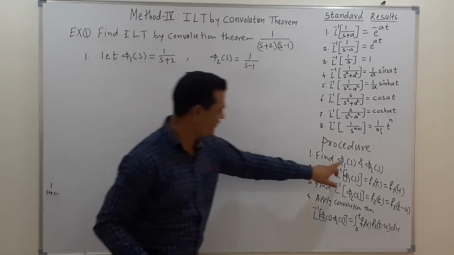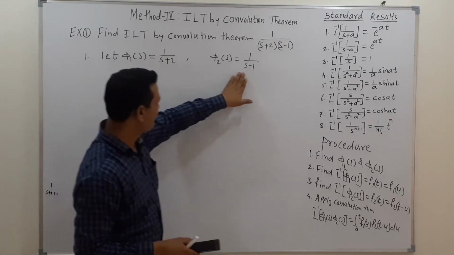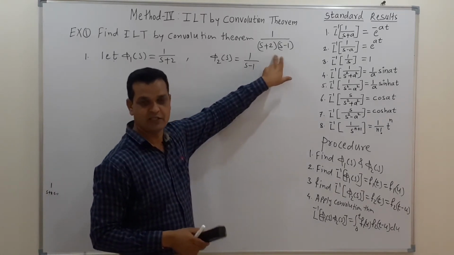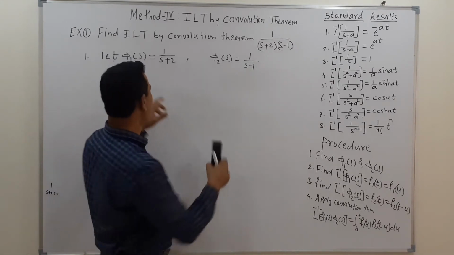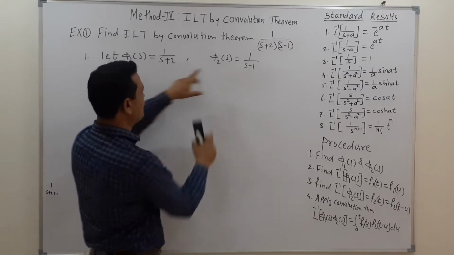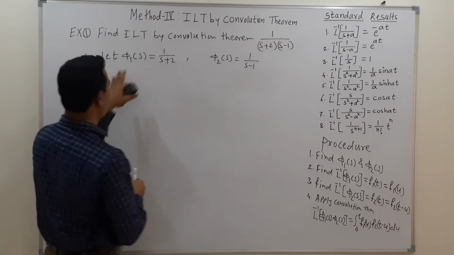So now this is the first step, phi 1 and phi 2. If we take the product of phi 1 and phi 2, we get the original function as it is. That means split the given example in such a way that after taking the product of phi 1 and phi 2, we will get the original term as it is. Now this is the first step.